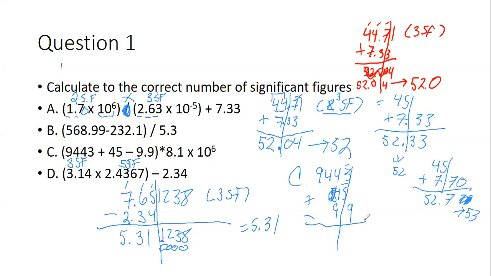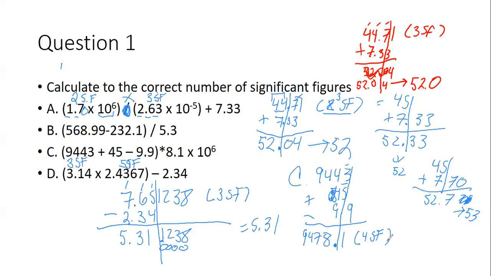So let's do that. 9443 plus 45 minus 9.9. So my answer, and I write down my calculator, is 9478.1. Now that 1 is not significant. I'm going to keep it because I have more calculations to do, but I'm going to make a note and say only 4 sig figs.